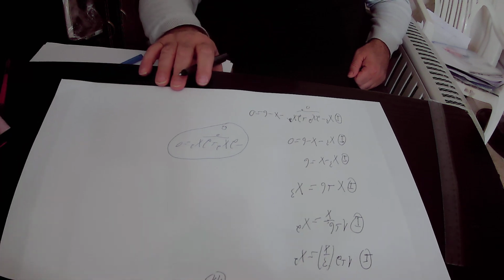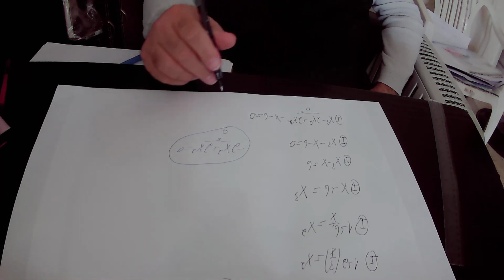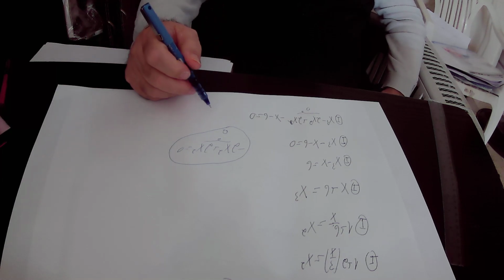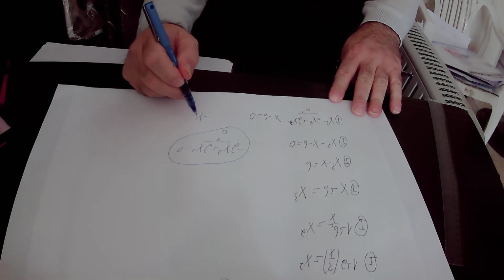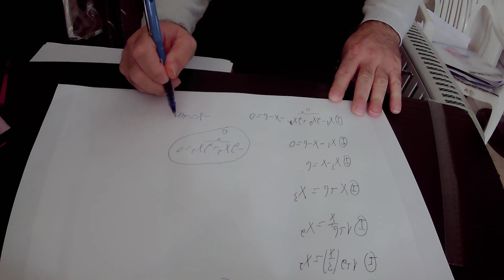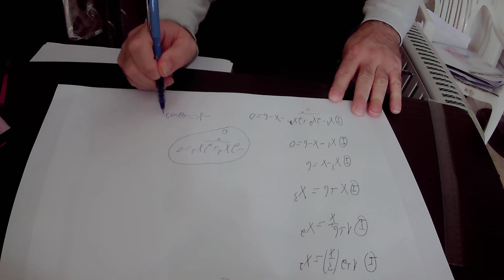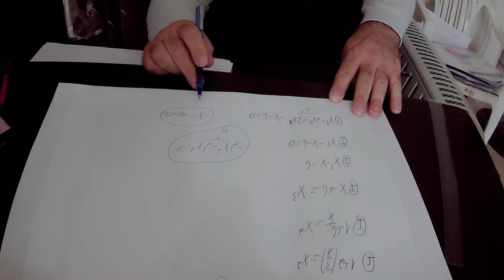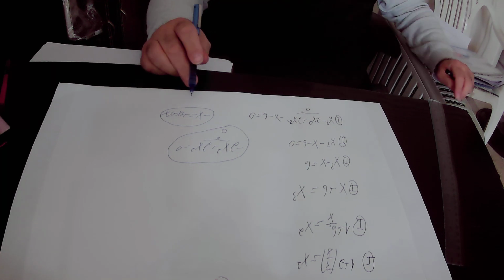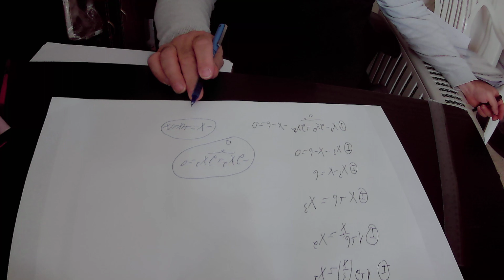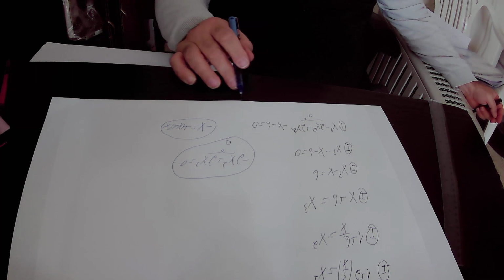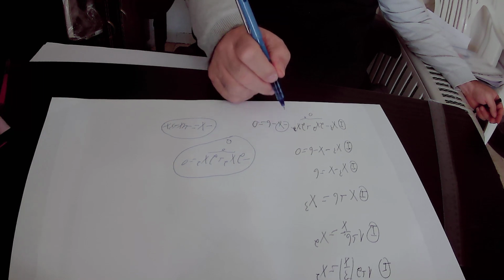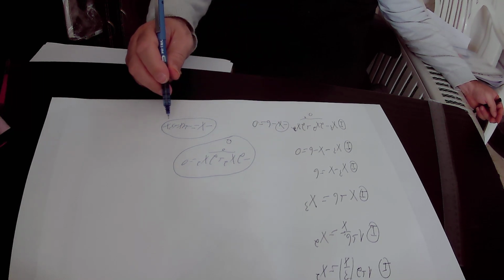Okay, so here we will substitute minus x. We know that minus x equals minus 4x plus 3x. I'll repeat again, minus x equals minus 4x plus 3x. So we can substitute minus x in this equation number 1 by minus 4x plus 3x.